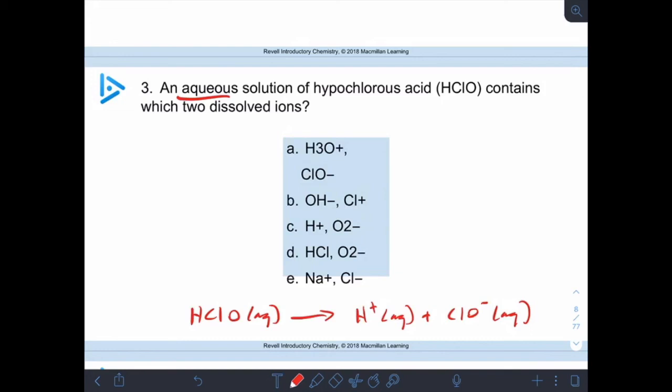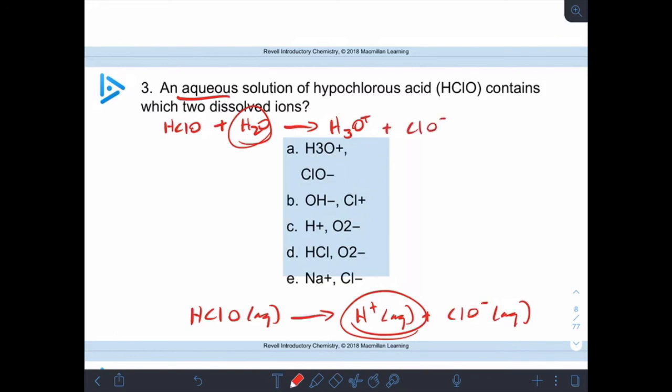So let's rewrite this. I'm going to rewrite it above here and include water in this situation. Okay, so remember my H+ here is going to latch on to my water. So in the products, I'm going to have H3O+ and my ClO-. All right, so that's going to be our answer A here.